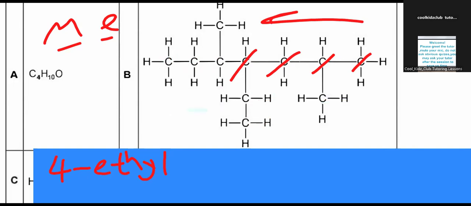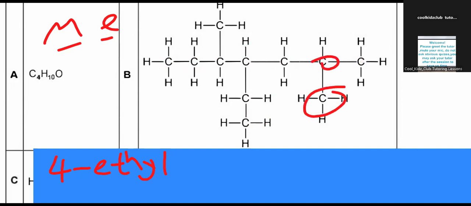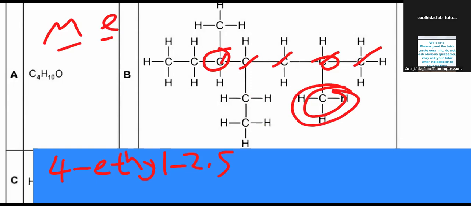So on number 2, you're going to place another dash. On number 2, there is a methyl. On number 2 and also on number 5. So 2 and 5 have the same methyls. So it's going to be 2 and 5.